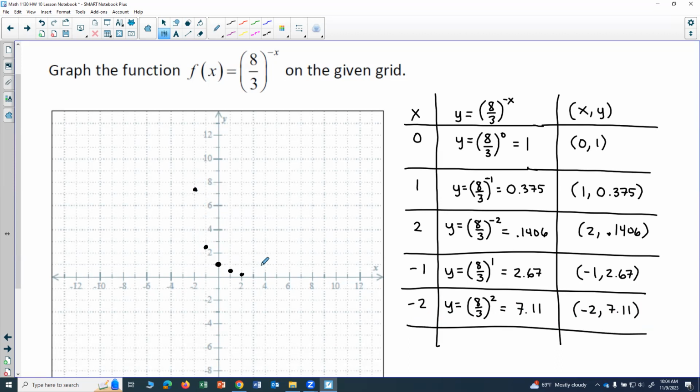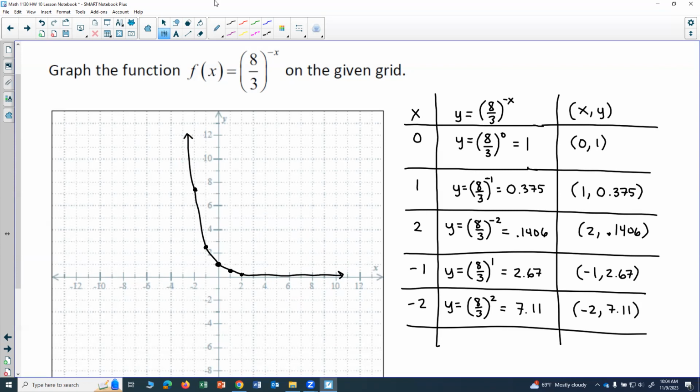And I want to do my best to connect those. So I'm going to come down. It's a very steep graph here. And I want to connect in a smooth curve. The graphing calculator will actually connect these for you. And I have this horizontal asymptote at y equals 0.